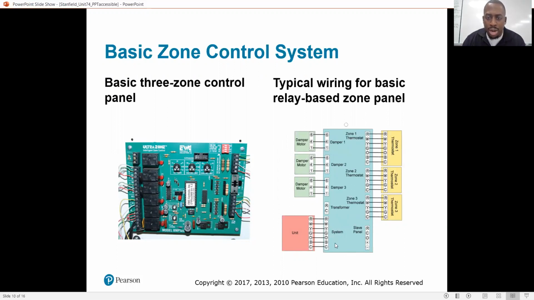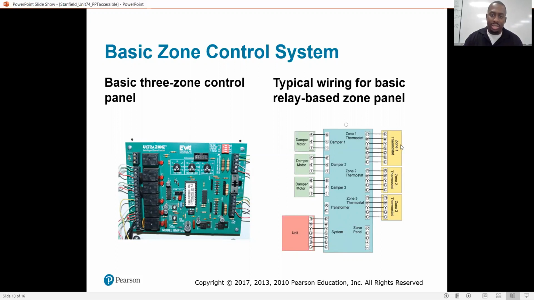You've got your R, Y, W, G, all your typical thermostat wiring setup. So from the board of your unit to the system section on your zone board, that's where you would make your initial connection. Now each thermostat in your system will connect over here. So you have 3 zones over here.